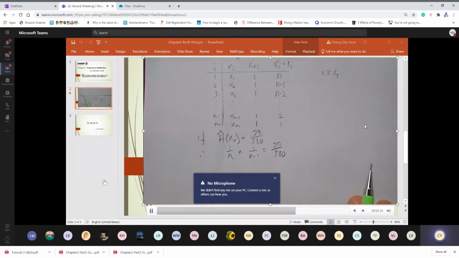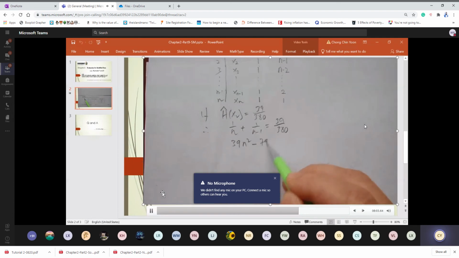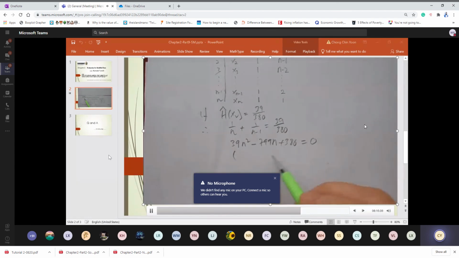380. So if you rearrange this, you will have a quadratic equation, that is 39n squared minus 799n plus 380, which is equal to 0. So we can factorize this, which is equal to (n minus 20) times (39n minus 19).